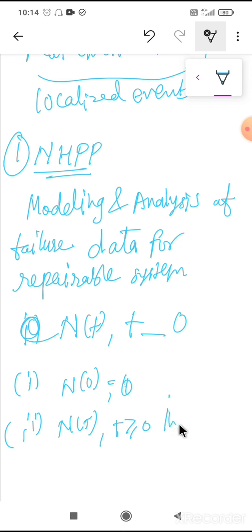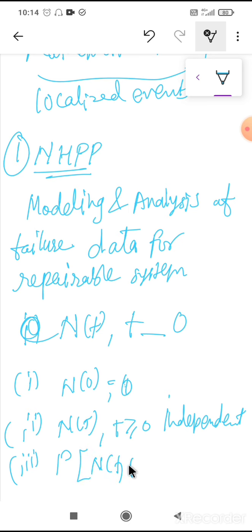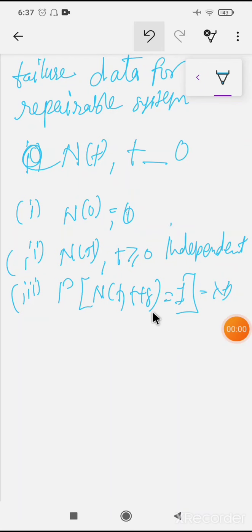The third condition is that the probability of exactly one event, N equal to 1, between time t and t plus delta t is lambda(t) delta t, where lambda is a function of time, plus o(delta t).